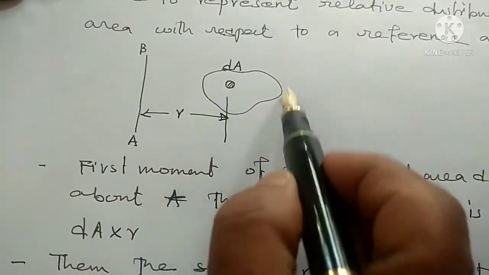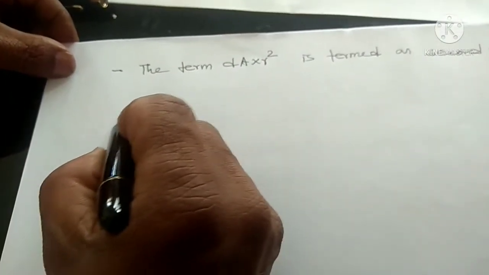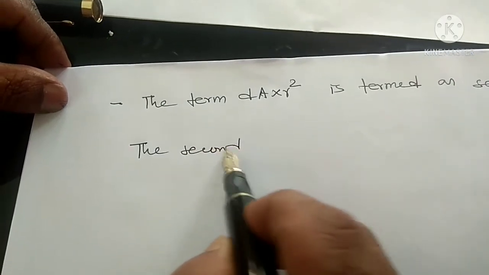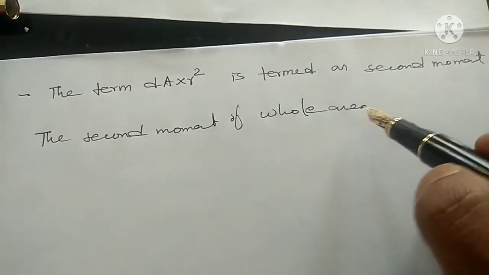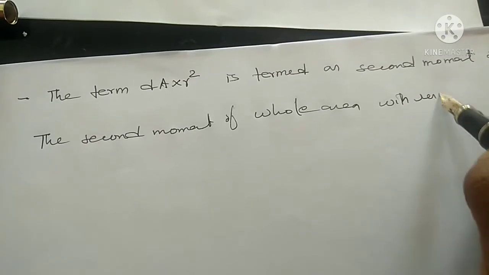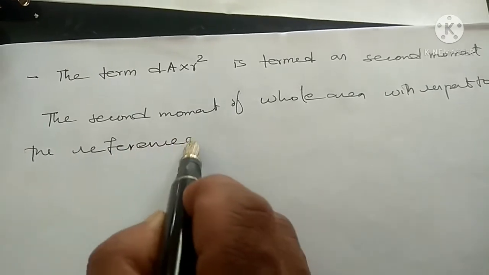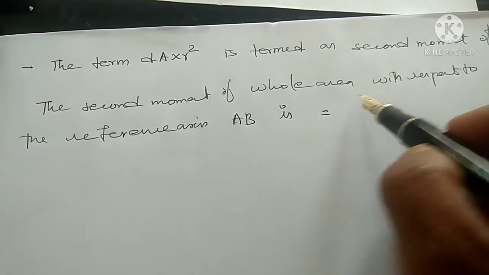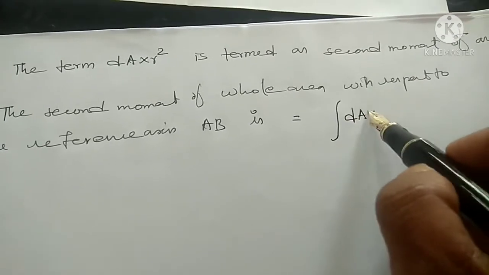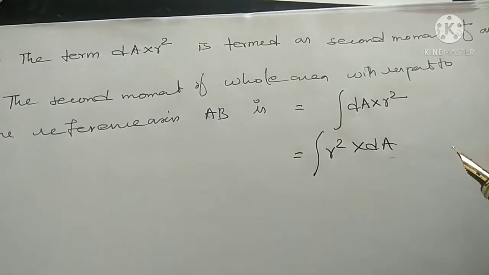So the second moment of that whole area with respect to the reference axis AB is equal to integral dA into r square, otherwise integral r square into dA.